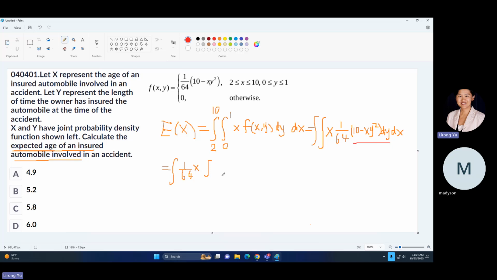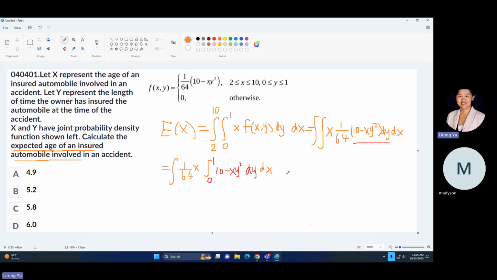So we're integrating 0 to 1 of (10 minus xy) squared dy. The x is unrelated to y. This is the inner integral, and everything else is really related to x, and we'll leave it to the outside.